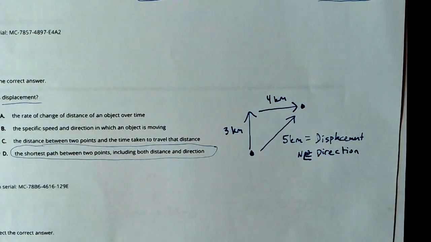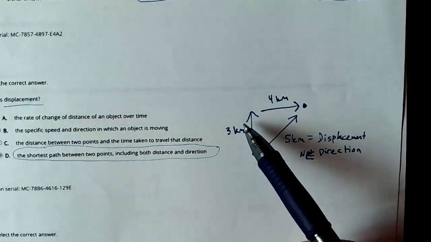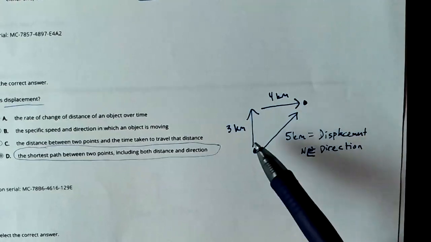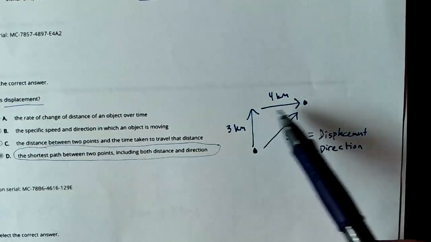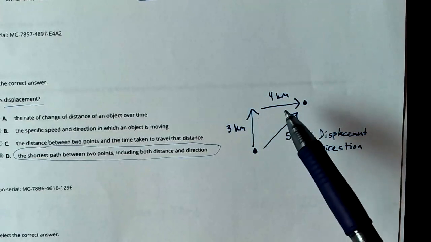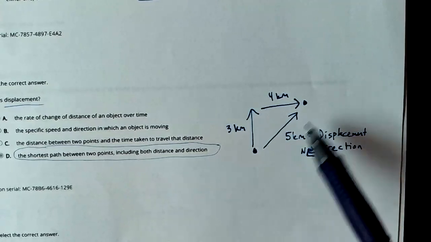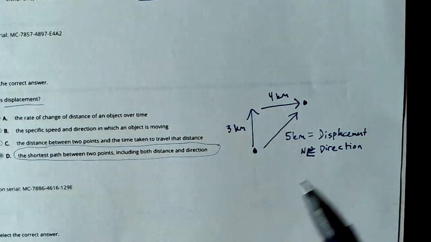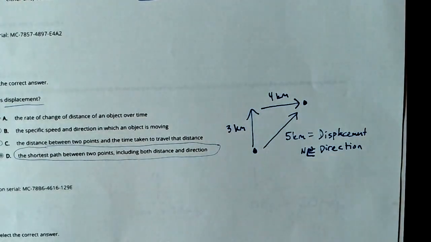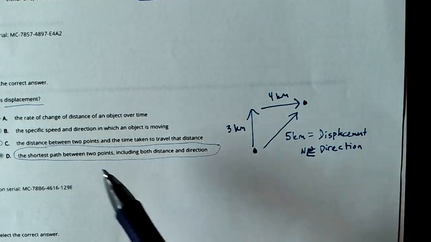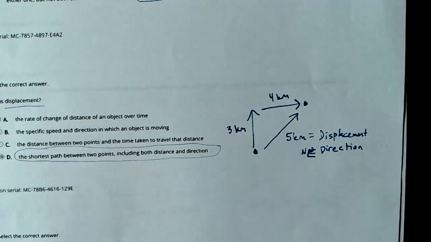Northeast direction. But that is displacement. The total distance would be 3 plus 4. So that would be the total distance traveled. But the displacement itself is the shortest path between 2 points. Okay. So remember, there's a difference between total distance and displacement. Okay.